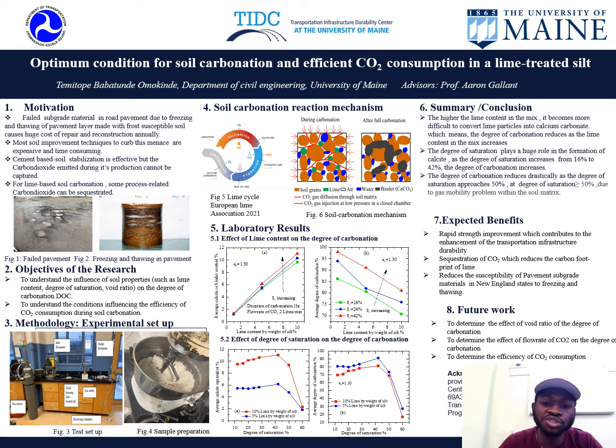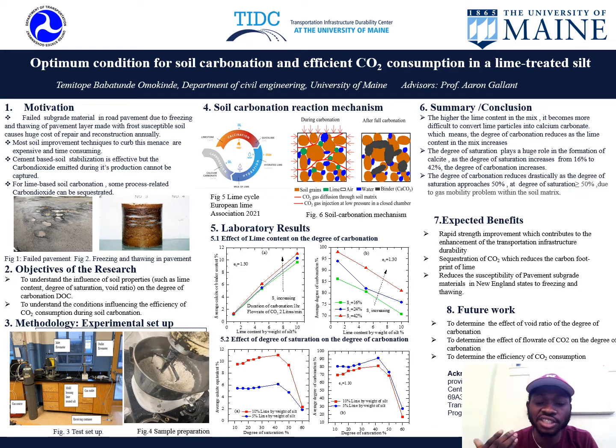So the summary of this research is that as the lime content increases in the mixture, it is difficult to convert all the lime particles. So the higher the lime content, the more difficult it becomes to convert all the lime content into calcium carbonate. And also from the research, we see that as the degree of saturation increases, more calcite is produced.